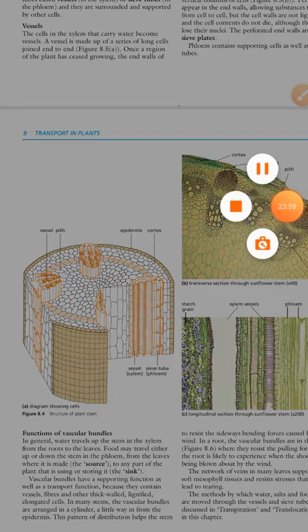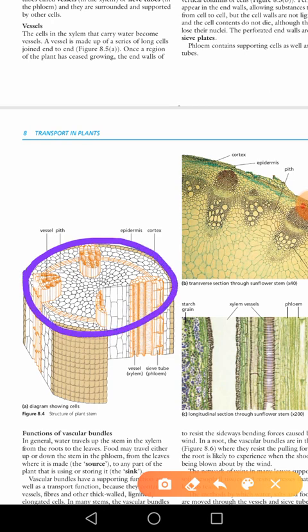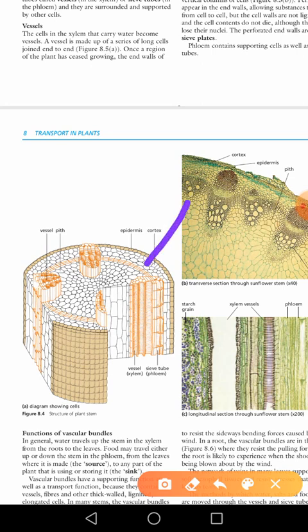If this is a transverse section, the outside layer of the stem is also called the epidermis, and just below the epidermis is the layer of cells called the cortex.